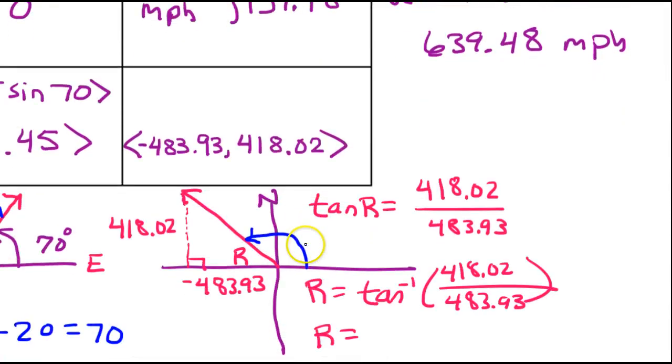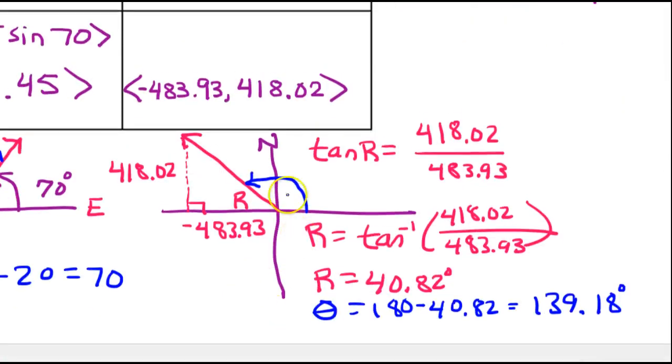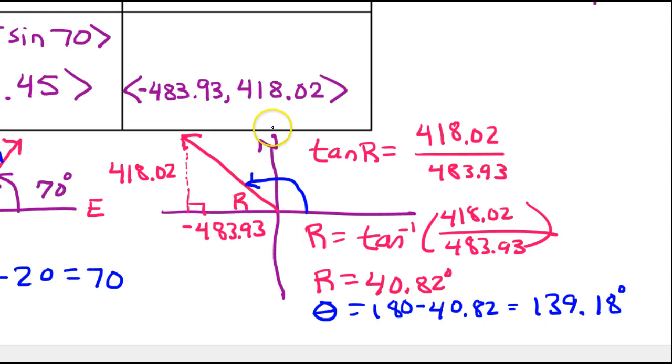So look at our resultant vector shown in this picture right here. We have to start at north and figure out how many degrees west we're going to go to get to this vector. Now notice we know R. R is 40.82. So we can find how many degrees to the west this is. We can find this angle by subtracting from 90. All right, these two have to add up to 90. They're sitting right here inside of the 90-degree quadrant.